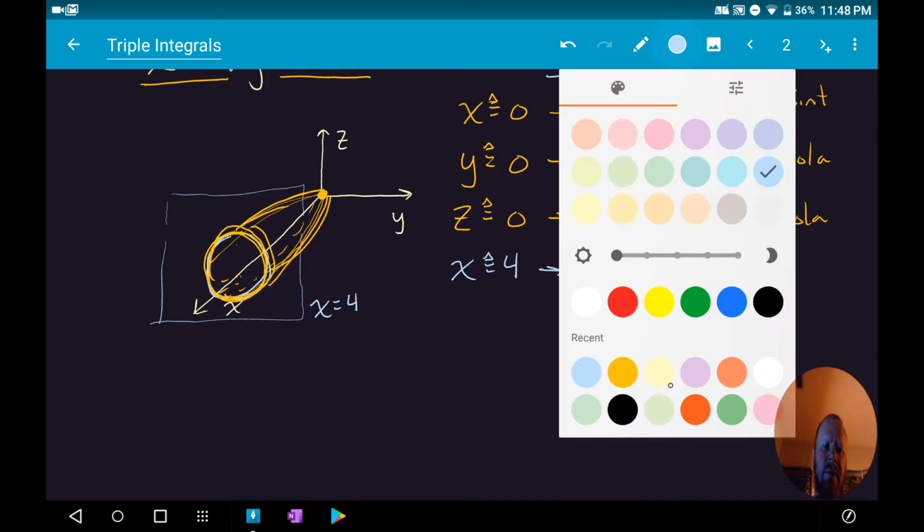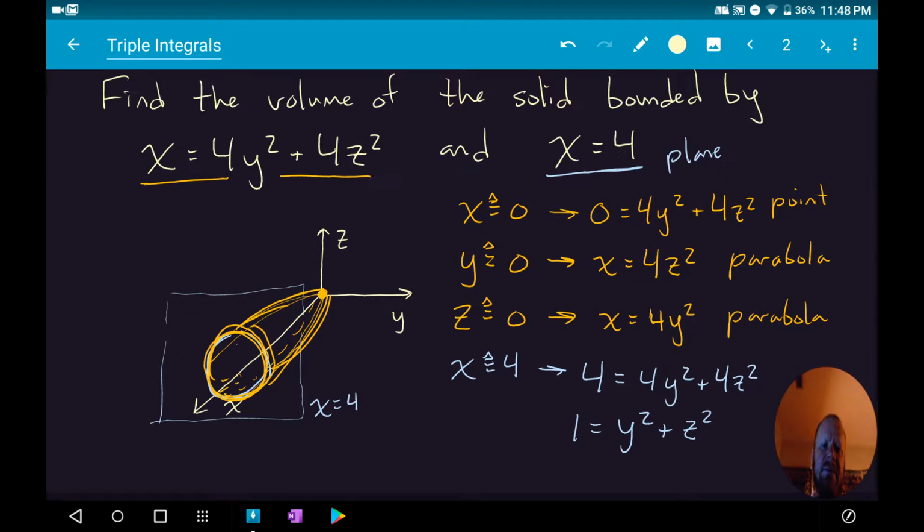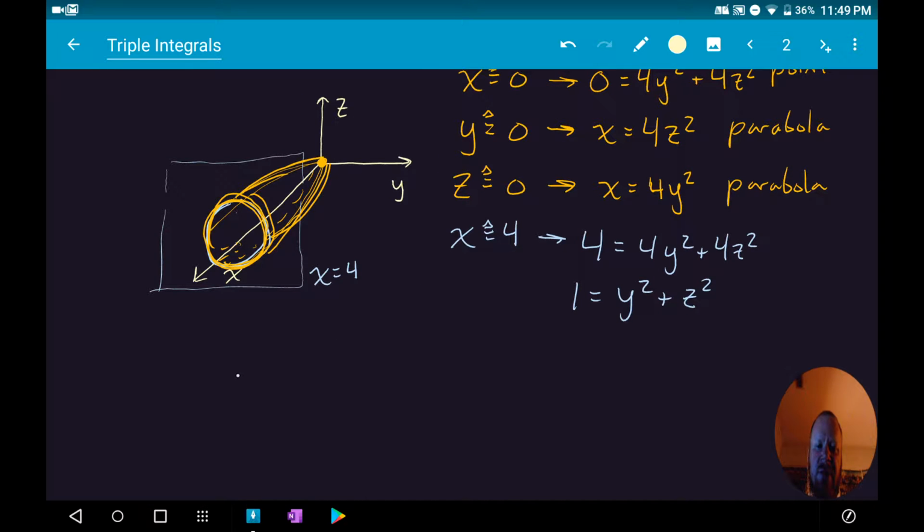So like I was saying before, it seems like x would be a good interior integral or first integral to do. So when I set this up, it looks like this, and I'm going to start with dx and do that version. So the question is, kind of which surface do I hit first?